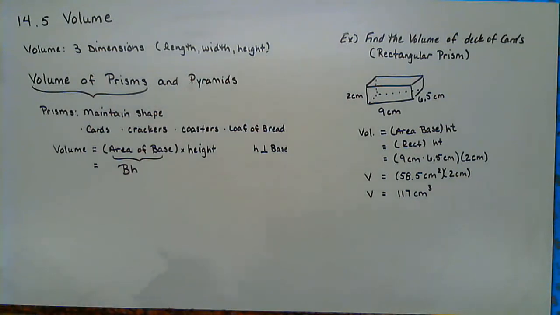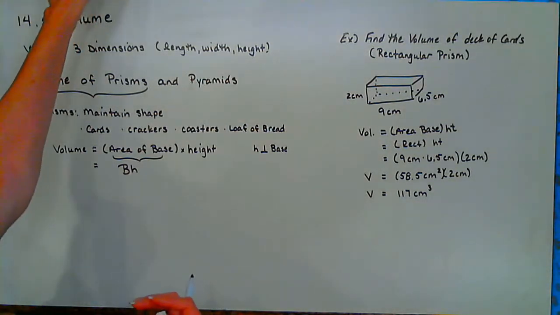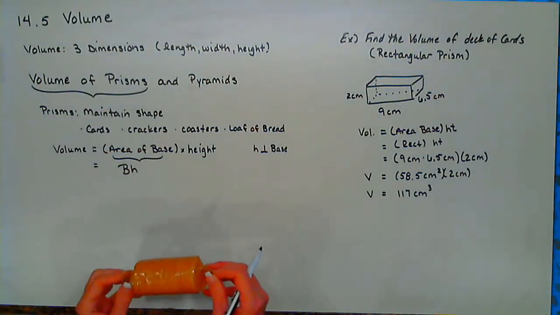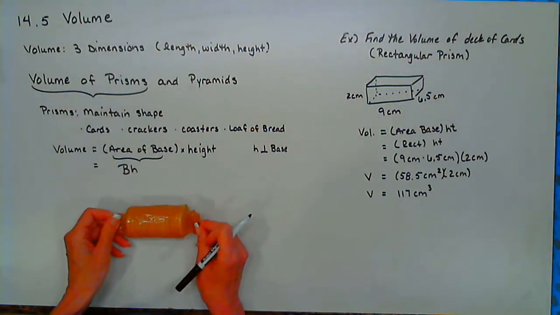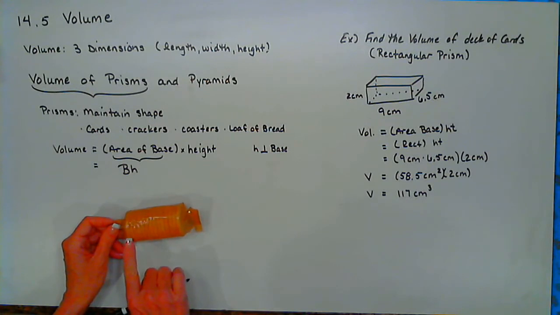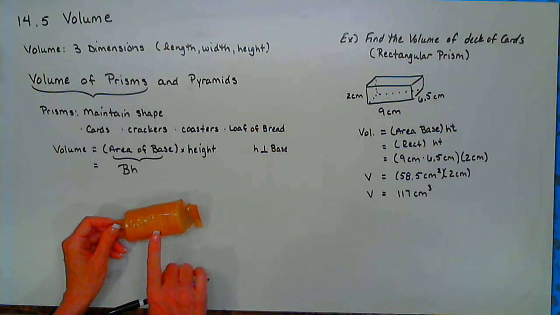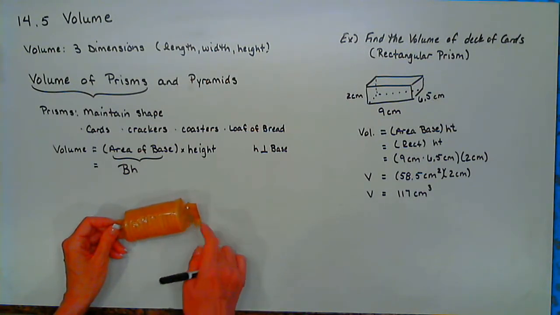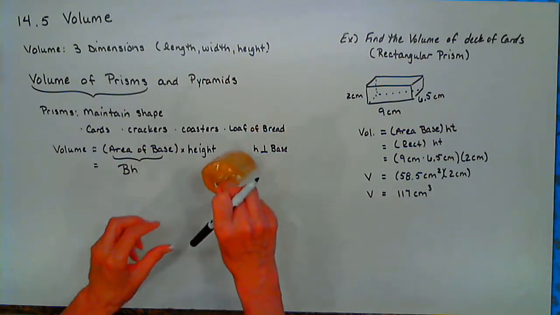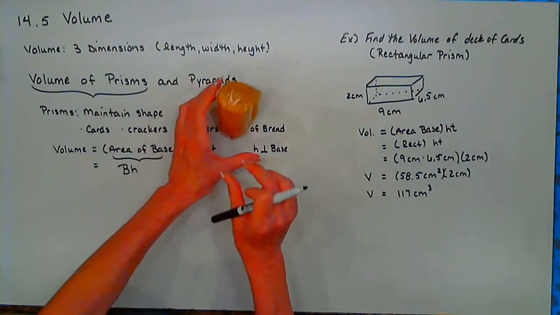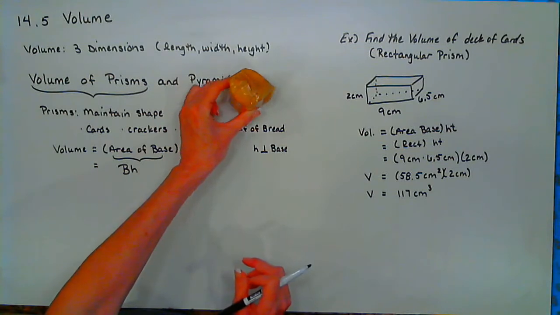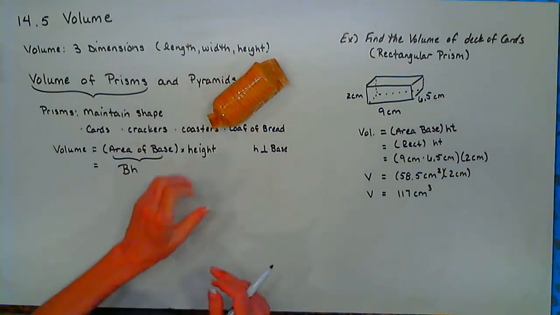Similar idea, let's do our crackers, because I like this one since it's a different shape. What they need to do is identify what shape is being repeated and stacked over and over and over again. You could either draw it vertical, or you could draw one that is lying on its side.